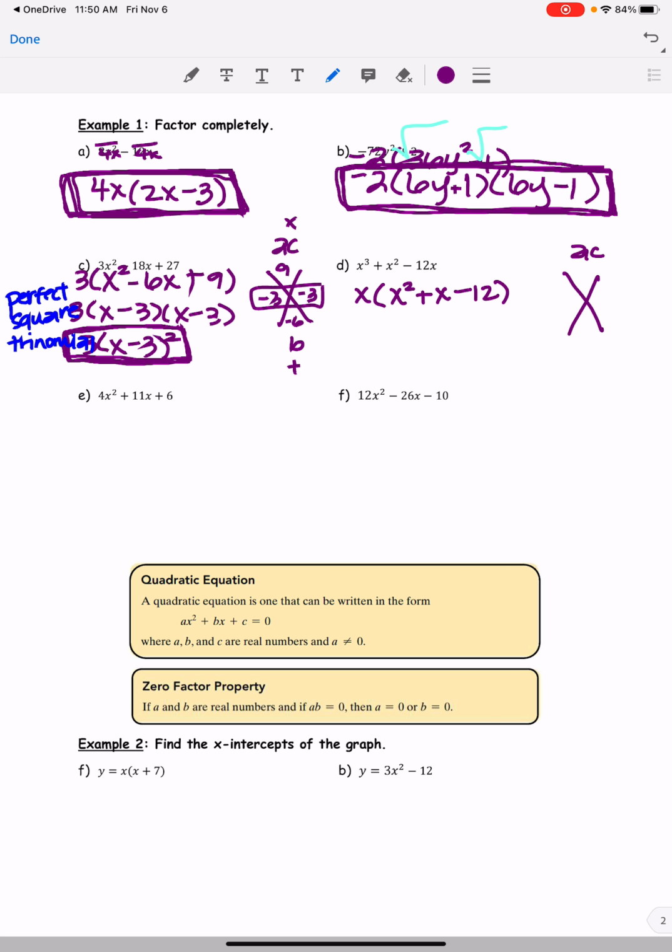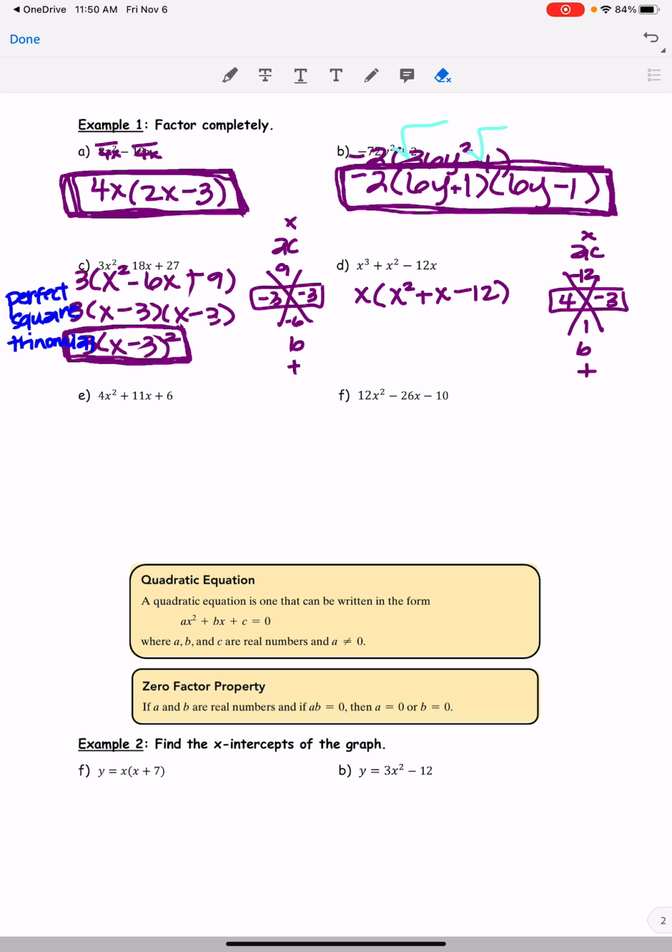So my A times C is 1 times negative 12. And then my B term is right here. It is 1. So it adds up to 1, but multiplies to a negative 12. And that's going to be 4 and negative 3. Be careful with those signs.